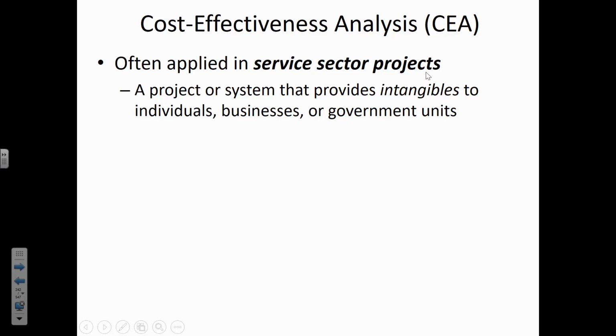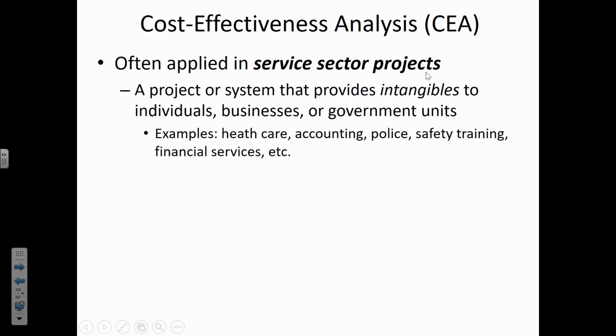Intangibles means the benefit that's added to society by people doing work that doesn't result in a physical thing being built. And so a nurse is providing services, and it's valuable services, but it's not like a widget or a product is being built at the end of the nurse's shift.